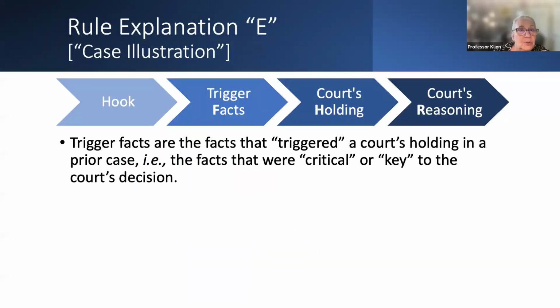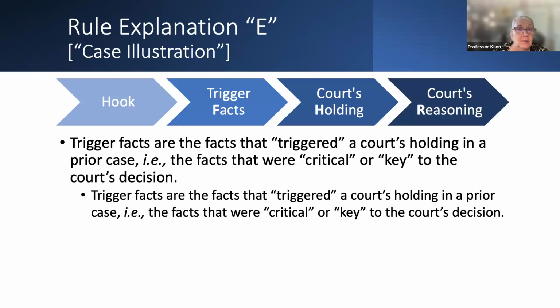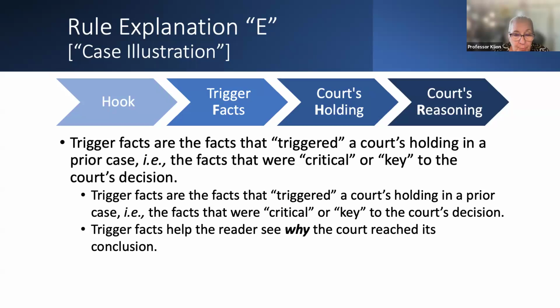And after your hook, you need trigger facts. Remember, it's hook, then it's F, then it's H, then it's R. The F is for facts or trigger facts. Trigger facts are the facts that triggered a court's holding in a prior case. What facts were critical or key to the court ruling as it did? The trigger facts help the reader see why the court reached the conclusion that it did. Merely saying that a court reached a conclusion is not helpful to the reader because they can't move that to your case.